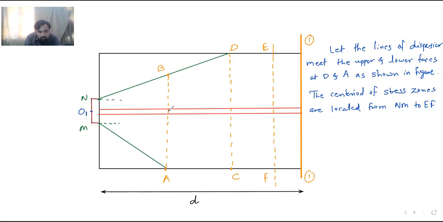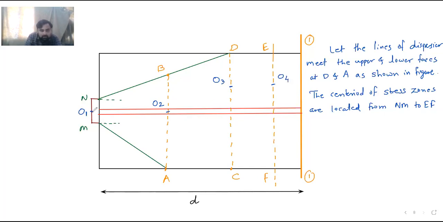Okay. Then O2, suppose this O2 is the centroid of this BA. Then you can see that the centroid will getting shifted. So here O3 will be the centroid, which is over here. This is getting shifted due to this dispersion. Okay. And then O4 may be the centroid of this EF, which may be here.